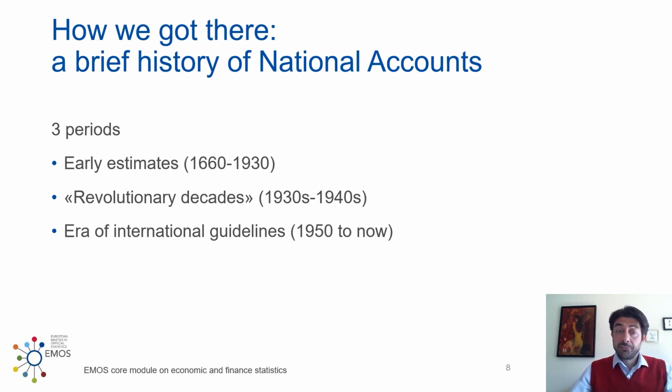And modern national accounts are quite recent indeed. This is the era of international guidelines that only starts after the end of the Second World War. So we will look at the history of national accounts from the perspective of these three periods.